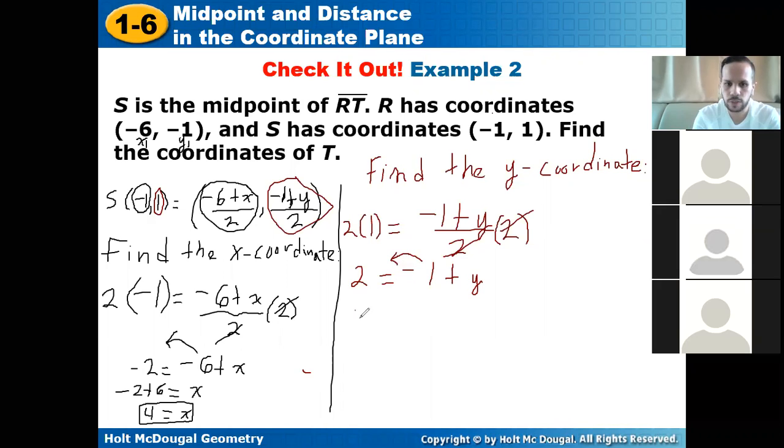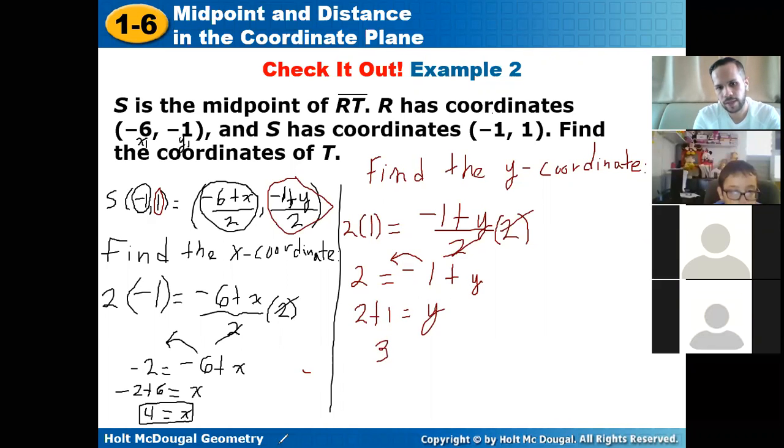So it's gonna be 2 plus 1, and 2 plus 1 is 3. Thank you, 3. So we are done with this example. So the coordinates of t are 4 and 3, okay? You see, it's not hard.